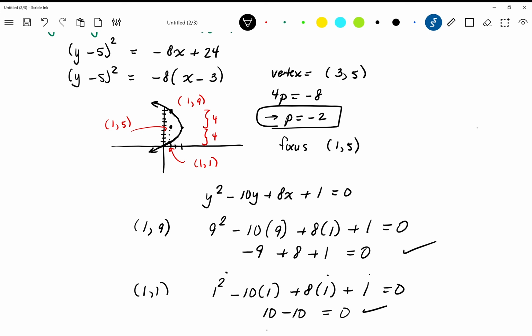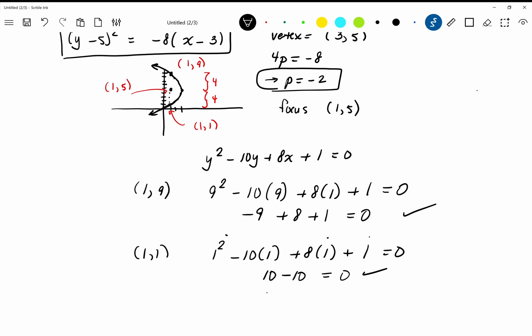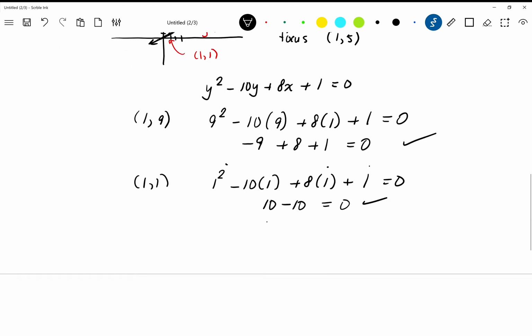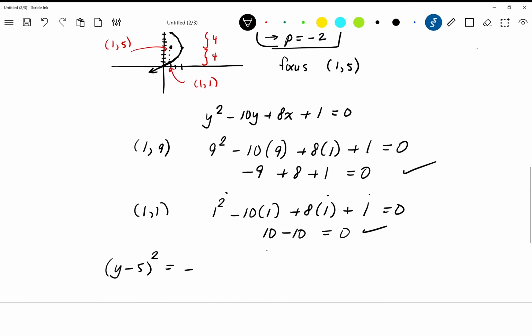Another way you could look at it is this. If you take the squared equation, remember the whole idea is we want the points that have the same x-coordinate as the focus. So knowing that x is 1, I could also take y minus 5 quantity squared equals negative 8 times x minus 3.